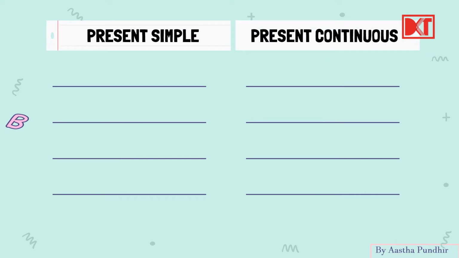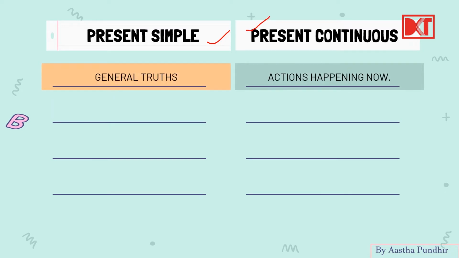Alright, so now we start off with what is present simple and what is present continuous. So, what are their usages?